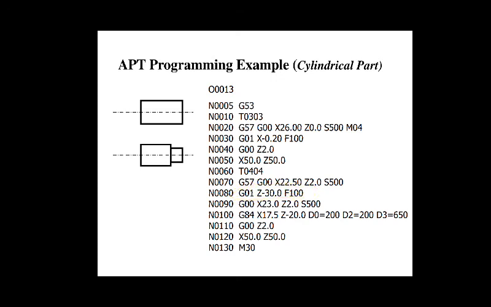In this, again G01 is linear interpolation cutting in Z, which means the tool should move only in the Z direction to perform external turning at a feed rate of 100 mm per minute. After turning, the tool should move rapidly.